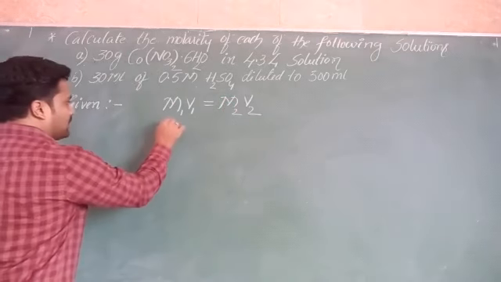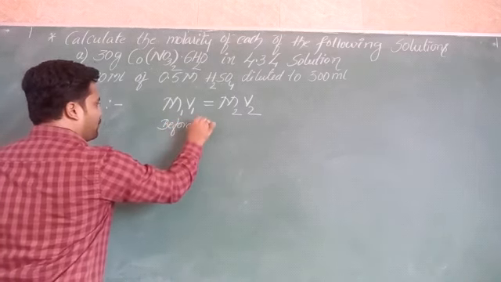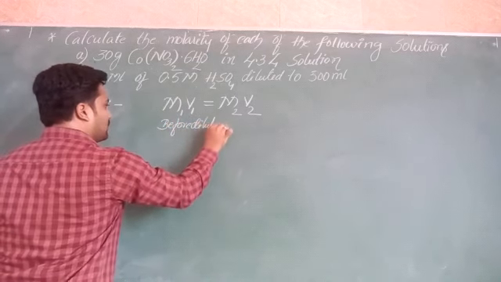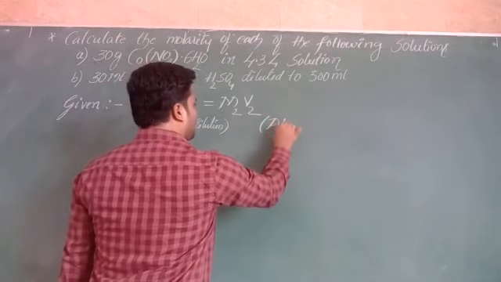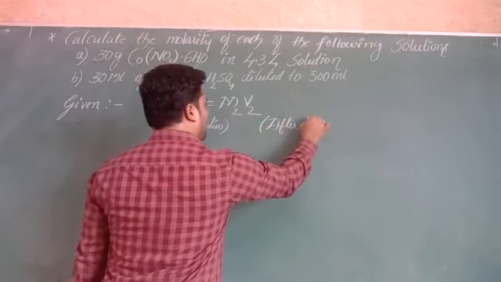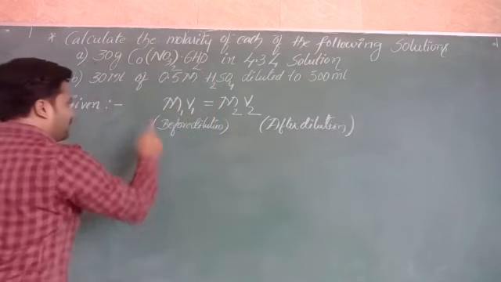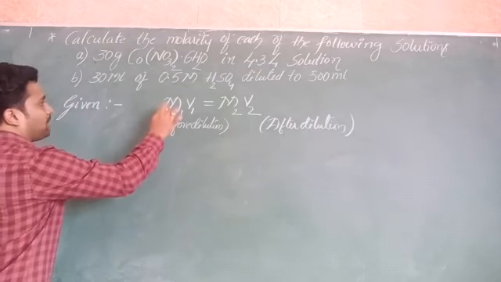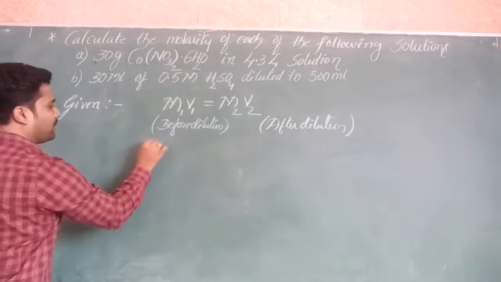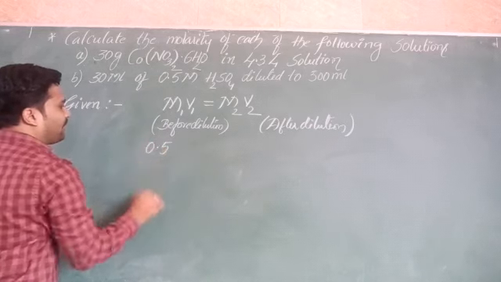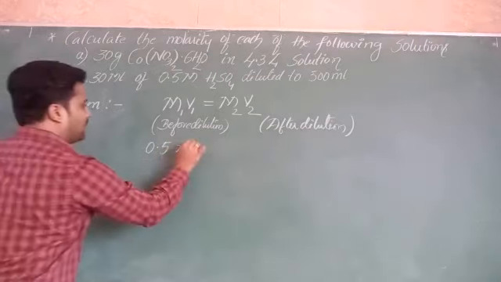So this side is before dilution, and this side is after dilution. Before dilution, see here M1, that is 0.5 m, into volume, which is 30 ml.